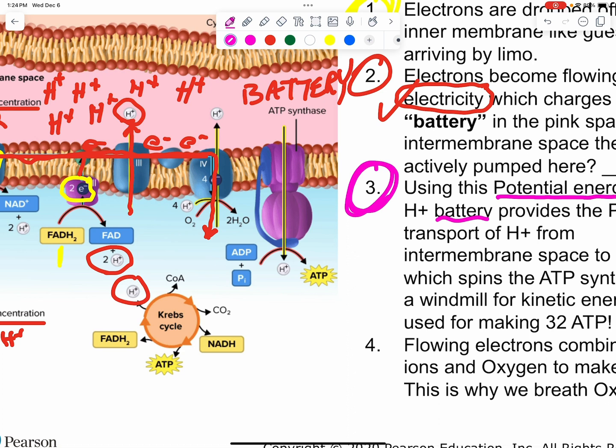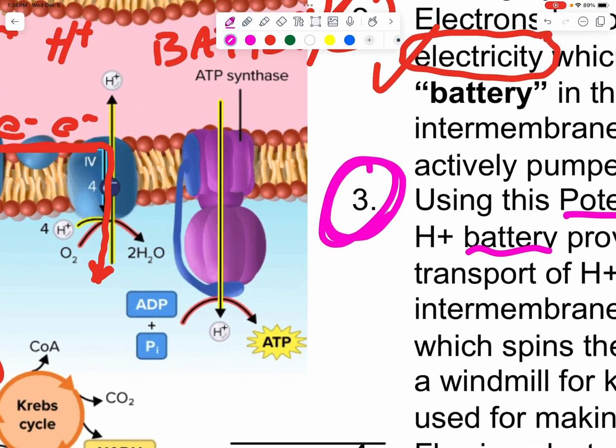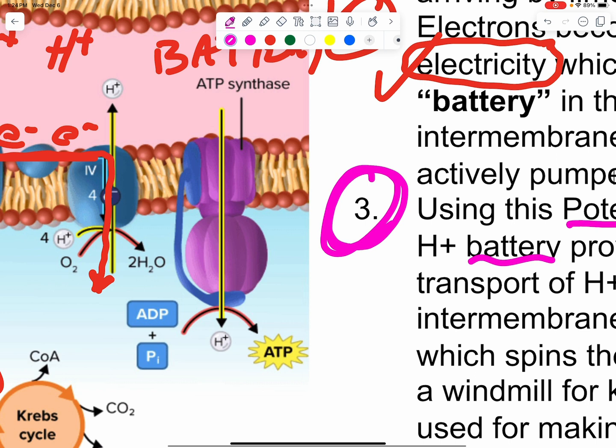Just like Hoover Dam is holding back a lake, Big Bear Lake is held back by a dam. If you open up the dam, water flows through. It can turn a wheel called a turbine, and that can generate electricity. We're going to do the same thing right here. The energy producing wheel, it is called ATP synthase.